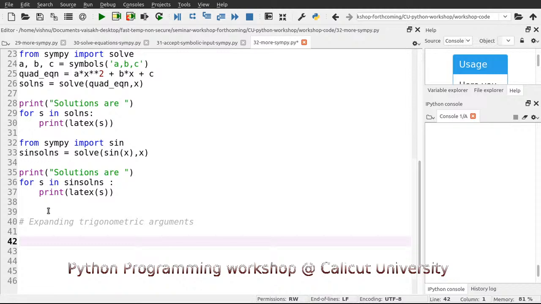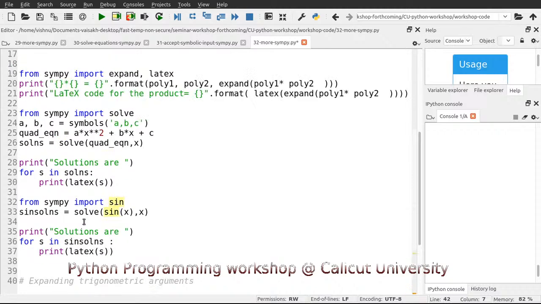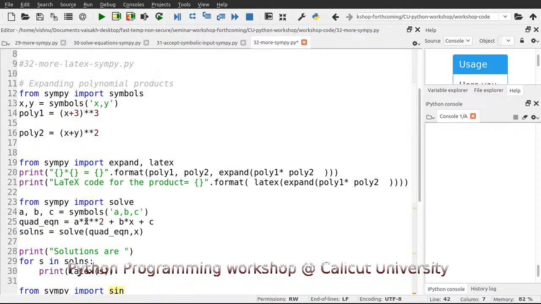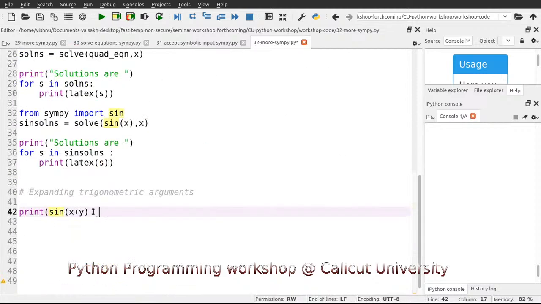So for that, sine x plus y to start with. Have I imported sine? Yes, I think sine is already imported. The symbol y, okay, y is also here. If you try to expand this, what will happen?